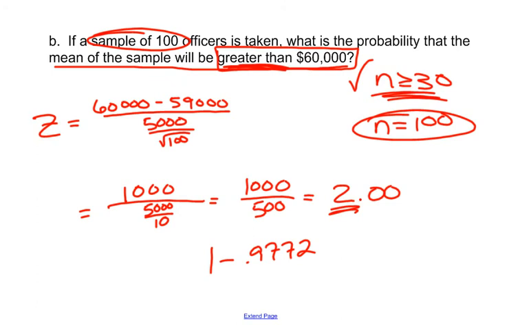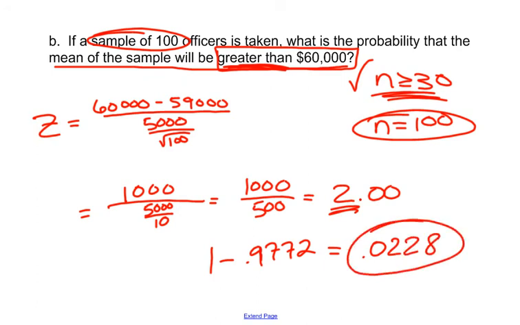Because remember, the table gives us the area that's less than that. So we want to identify what is greater than by subtracting the part that's less than off, and we will get 0.0228 as the probability that X bar is greater than $60,000.